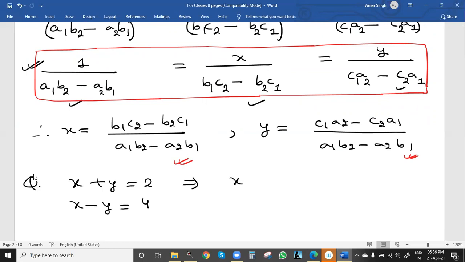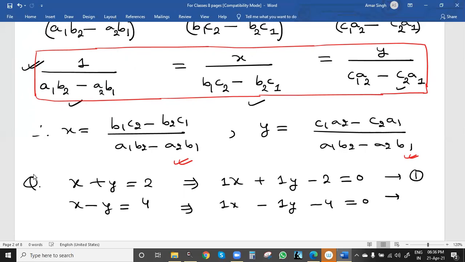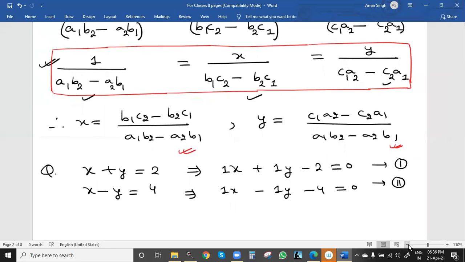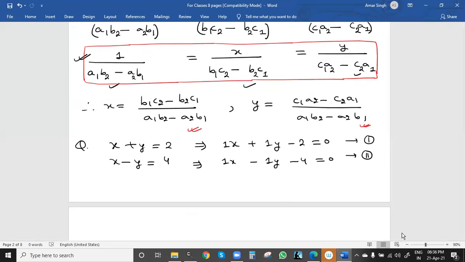So it will be 1x plus 1y minus 2 equal to 0, and 1x minus 1y minus 4 equal to 0. These are two equations in standard form. Now we'll see how we can apply these values in the formula.